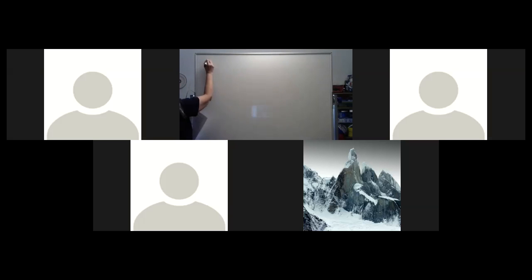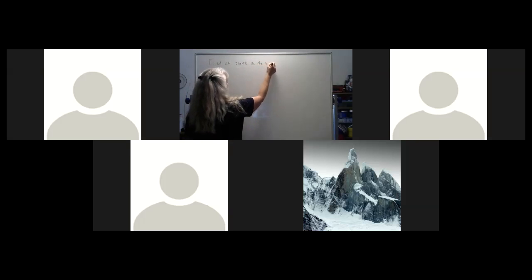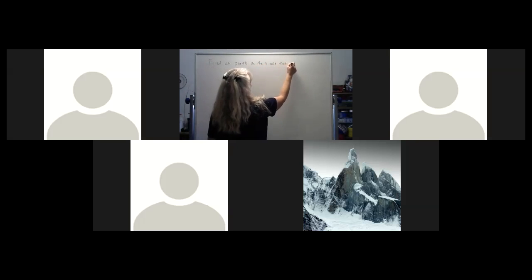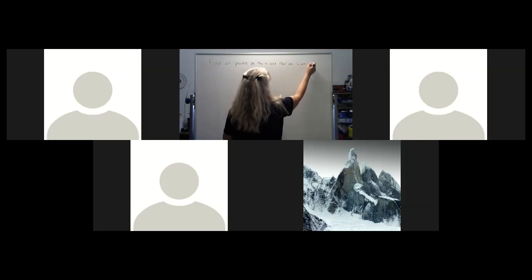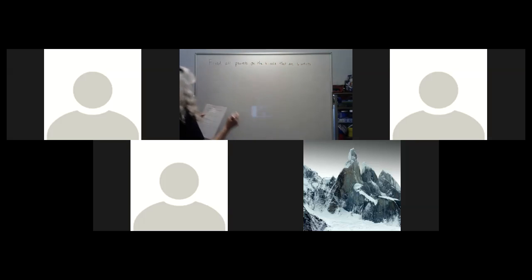We want to find all the points on the x-axis that are 6 units from the point 4, -3. So we want to find all the points that are actually on the x-axis that are 6 units away from the point 4, -3.